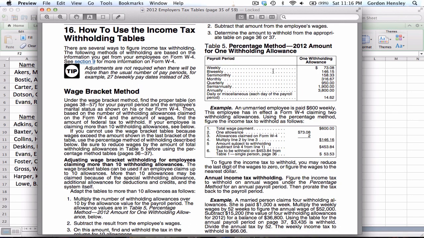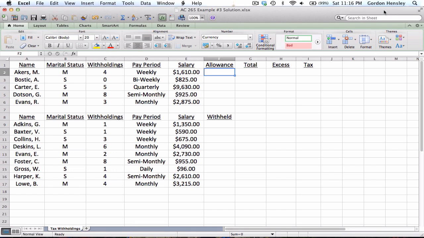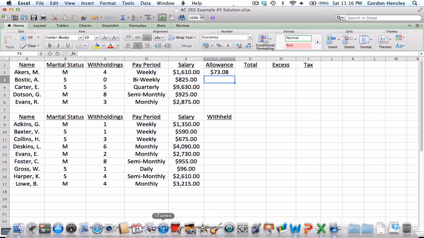So payroll period weekly, right over here it says one withholding allowance, $73.08. So that's what I'm going to plug in right here. $73.08. That's the value of one withholding allowance for a weekly employee. The next person is a bi-weekly employee.